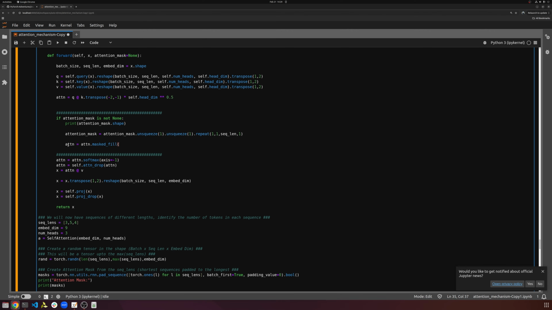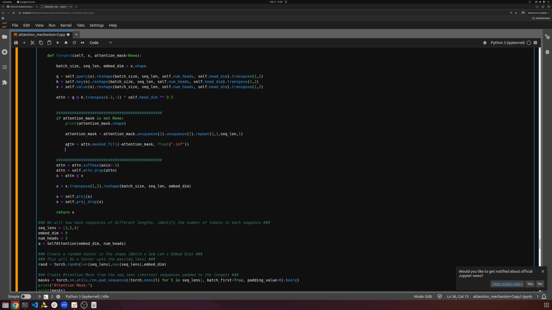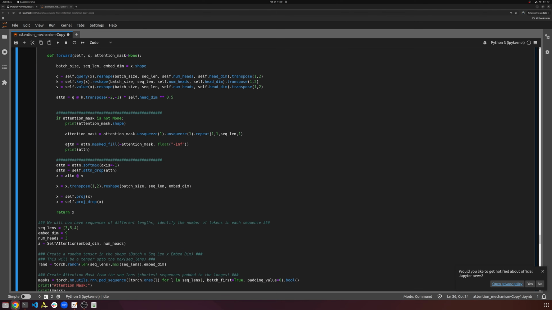We want to fill it with the inverse of our attention mask because we want it to fill where it's false. We want negative infinities to go there. Again, you could have just looked at true and false to begin with. You can do this however you want, and that's what makes this a little bit more confusing than it really needs to be.